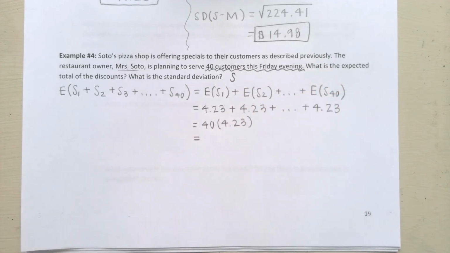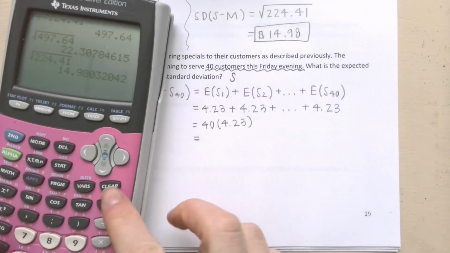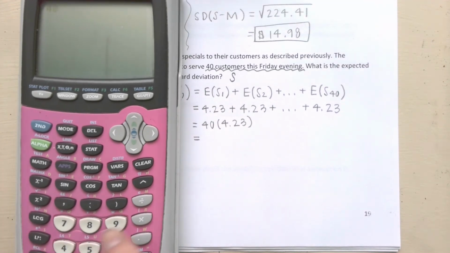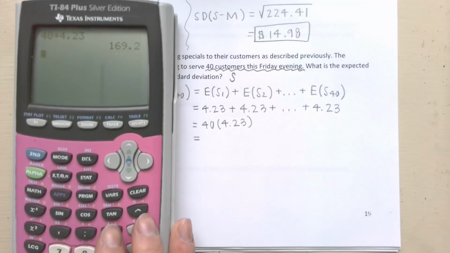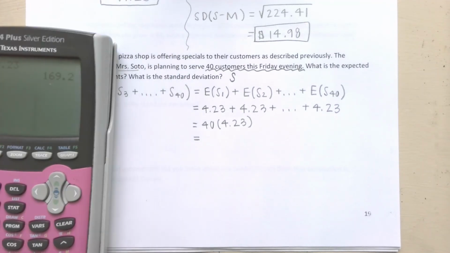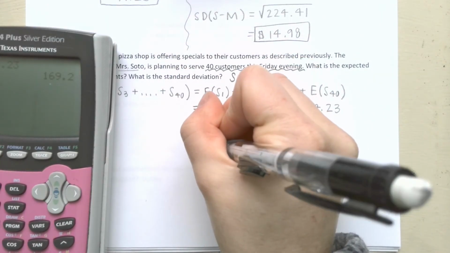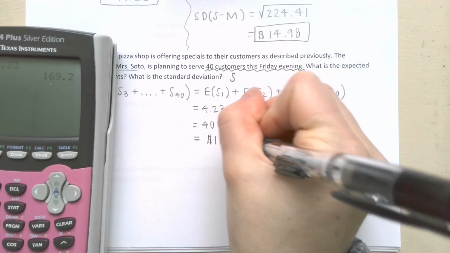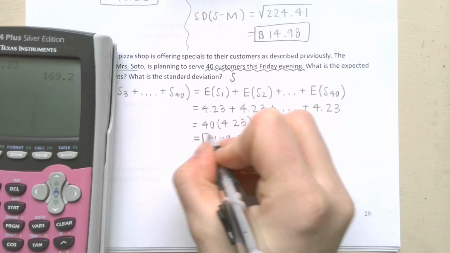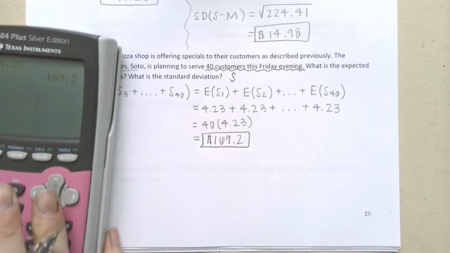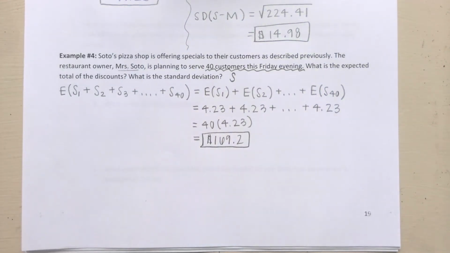I'm going to save myself some time and just type that in instead. Okay, that gives me 169.2. What that means is that if I serve these 40 customers, the total discount that I can expect to pay out would be around $169.2.